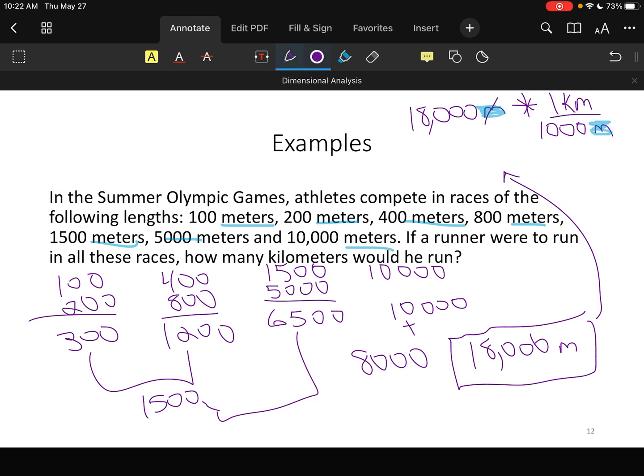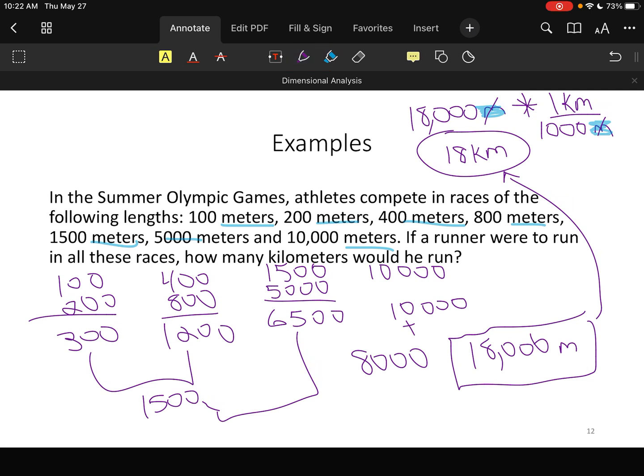They cancel out. And you take that 18,000, you divide it by 1,000, and you end up with 18 kilometers. Some people may say kilometers, but again, words are used interchangeably, or the pronunciation. But the units are still the same. All right, real simple example.